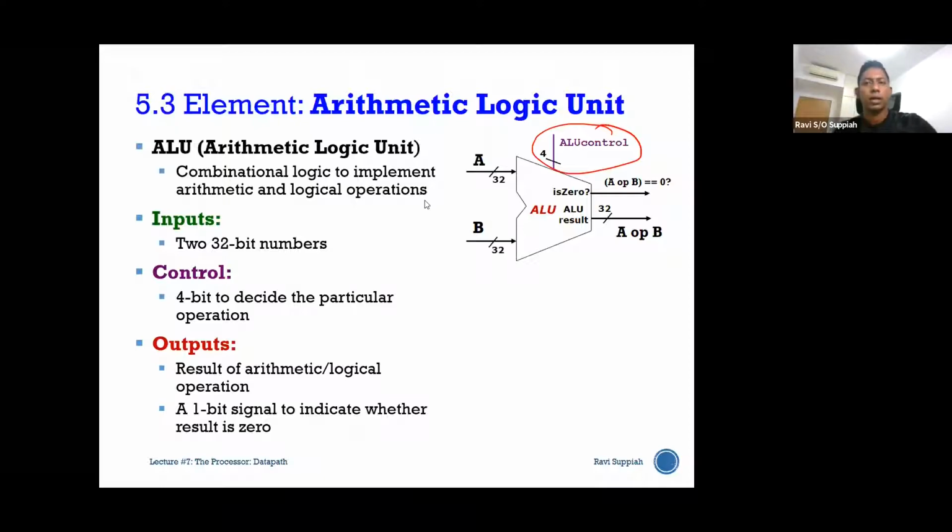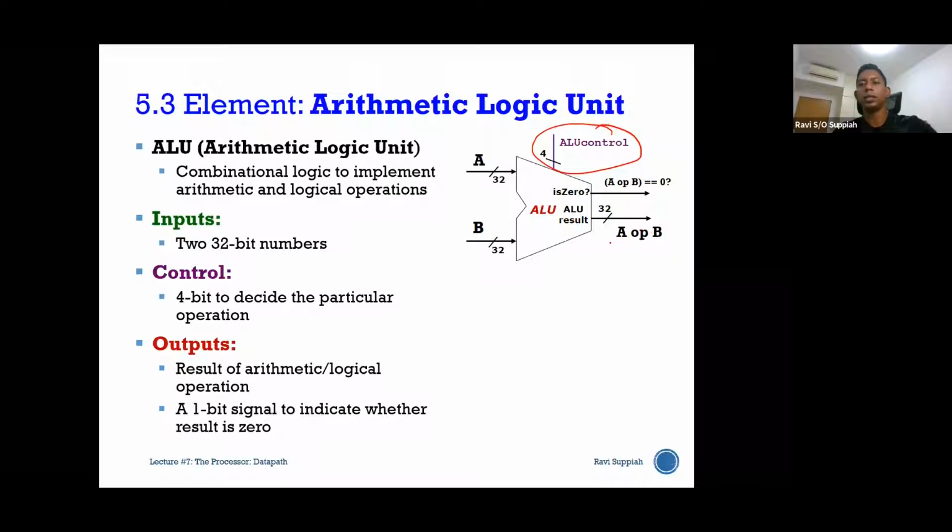As I was mentioning, we will look at the control unit in more detail in the next lecture. For now, just take it that all these control signals will be generated correctly depending on whichever instruction we are executing. Now, for the ALU output, you see two outputs.